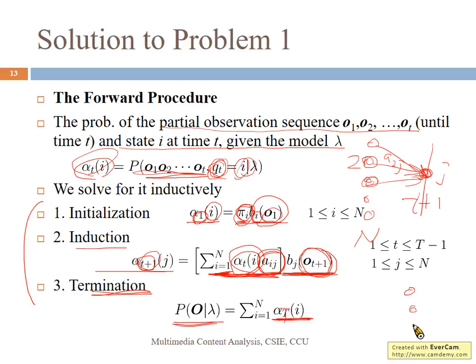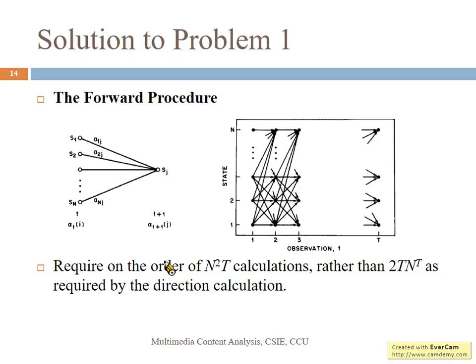That means at the final time instance capital T, we sum alpha capital T 1, alpha capital T 2, and so on. We sum all of them, then we get the probability of O given lambda. So this is the whole forward procedure, and this is a more efficient way in contrast to calculating the probabilities given by the n to the power of T state sequences.